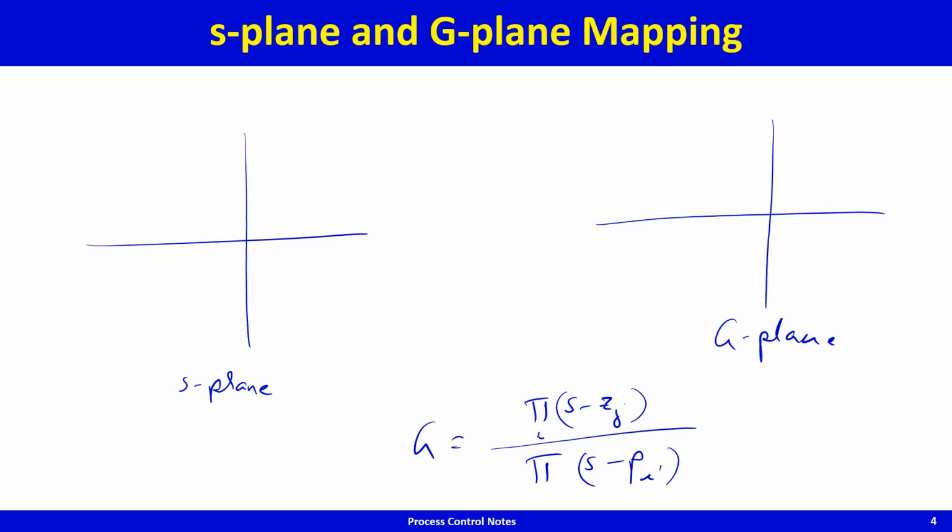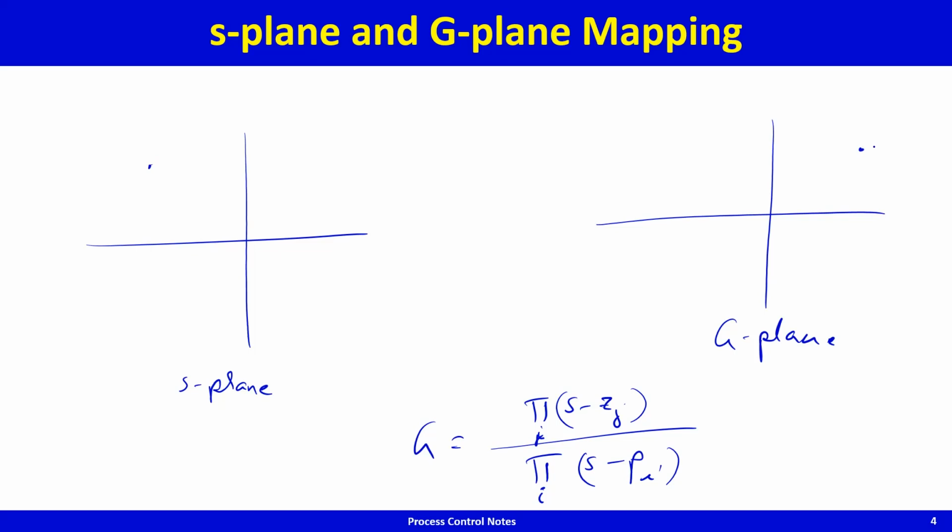So if I choose some candidate value of S, I get some value of G in general. That's how it would be. I'm looking for those special values of S for which G turns out to be a negative real number.